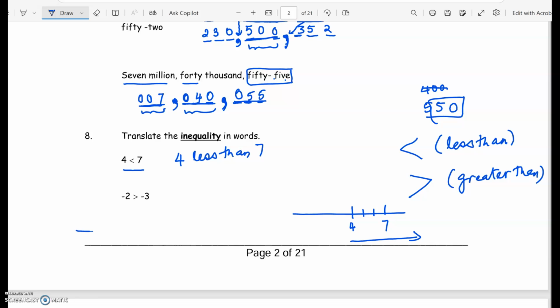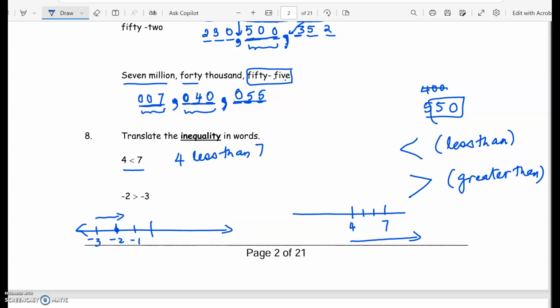Now if you look at the negative side of the number line, this is -1, -2, -3. -2 is here, is to the right of -3. As you go to the right, the numbers increase.